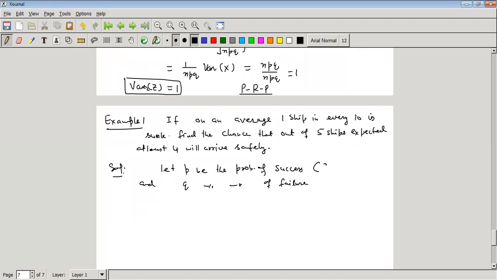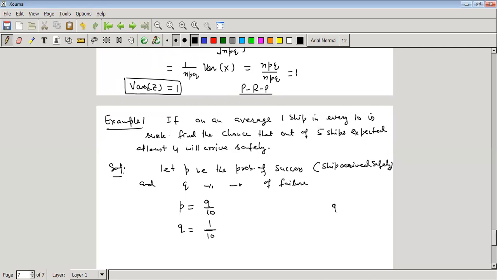Probability of success means the ship arrived safely, and probability of failure means it may be sunk, it is not arrived safely. So what is P? It is given that on an average, one ship in every 10 is sunk. So what is the probability of failure? Out of 10, 1 is sunk, so out of 10, 1 has not arrived safely. So Q is 1 upon 10. What is P? P is 1 minus Q, and 1 minus 1 upon 10 is 9 by 10.